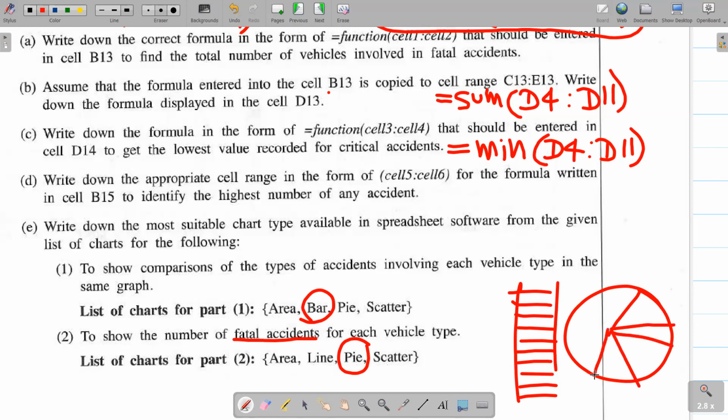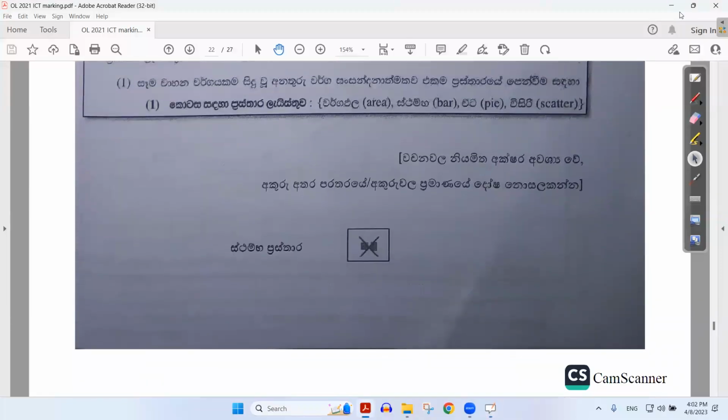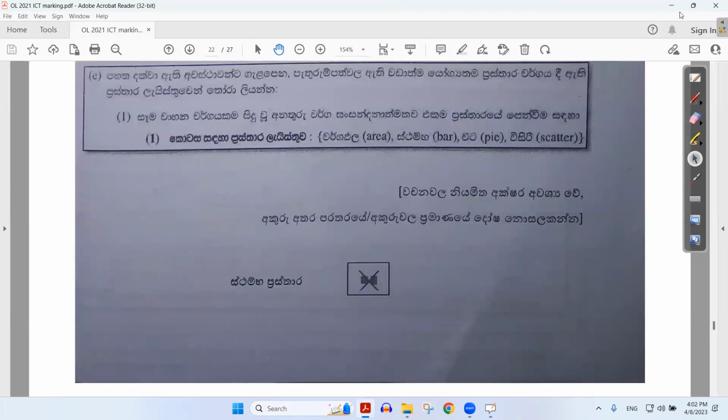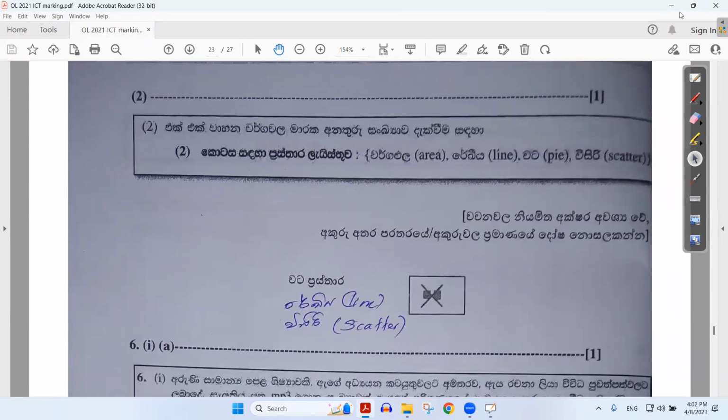Here in the bar chart, we have to compare. Here it says bar chart, here it says pie chart, and they have also given the marks for the line and scatter charts as well.